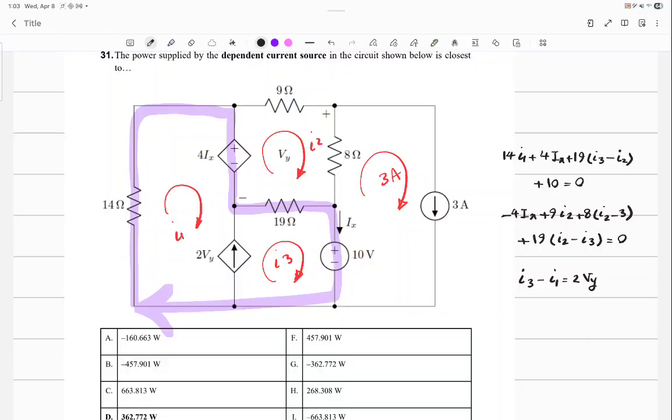How many equations, how many unknowns do I have? 1, 2, 3, 4, 5, right? I need 2 more equations. Where are the 2 more equations? IX equal to I3? No. IX is? That's the 4th equation. What is the 5th equation?